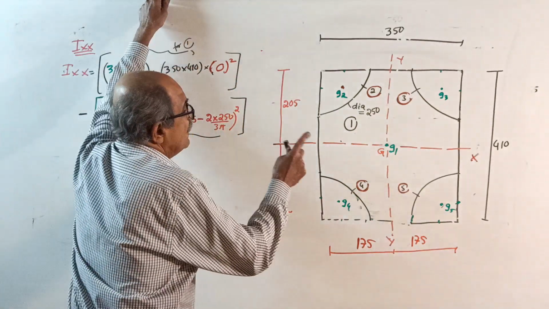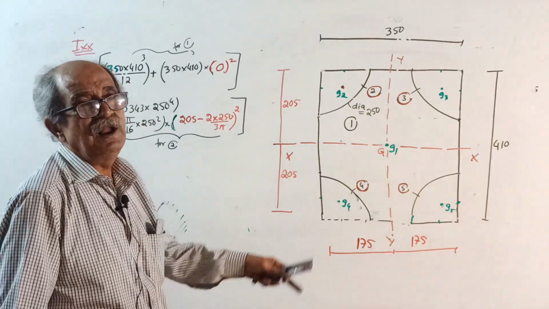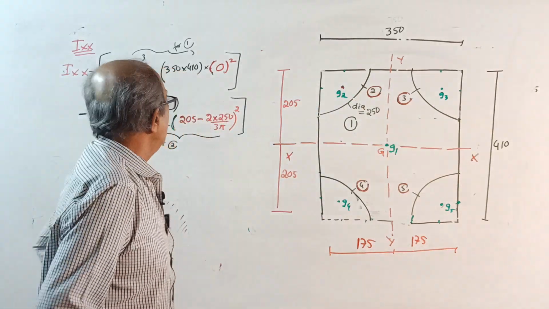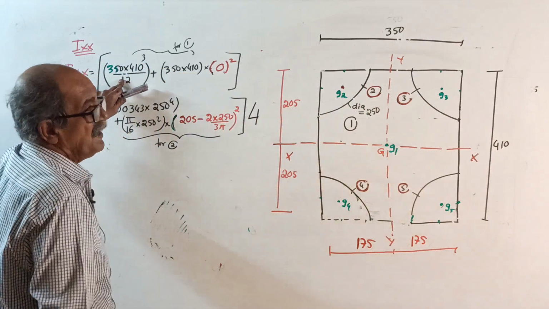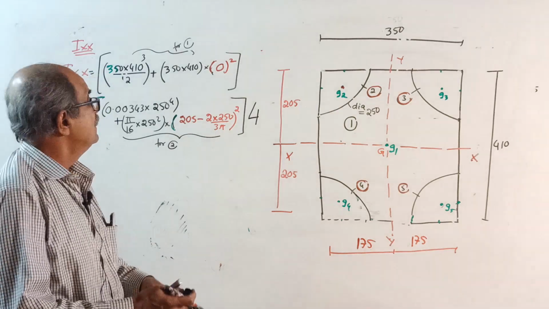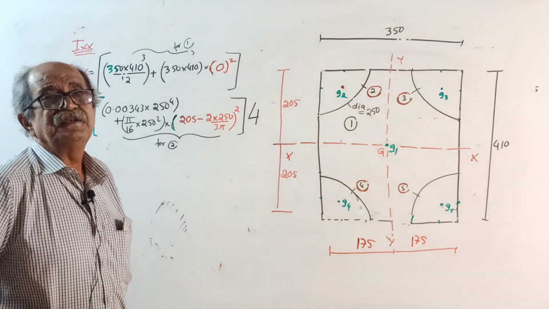So the final I is I about XX for 1 minus all these 4, so directly put a minus sign here, multiplied by 4. From the rectangle's moment of inertia, subtract the moment of inertia of the 4 quadrants, in a single step.